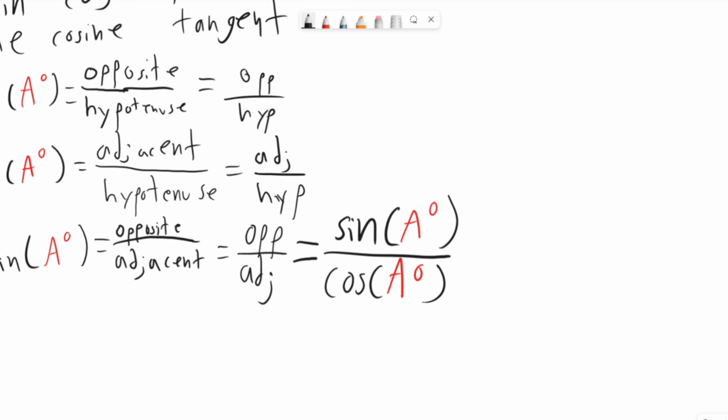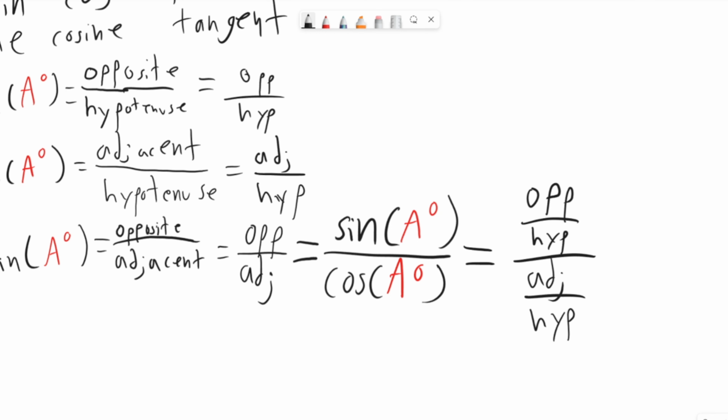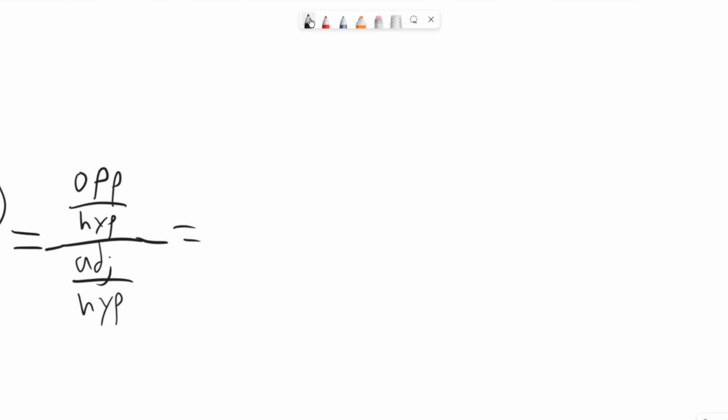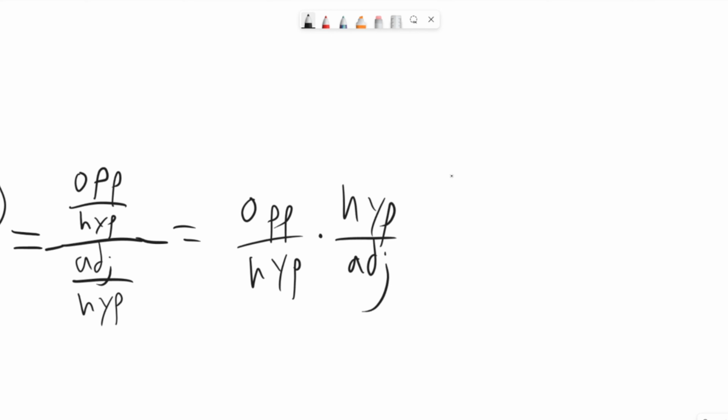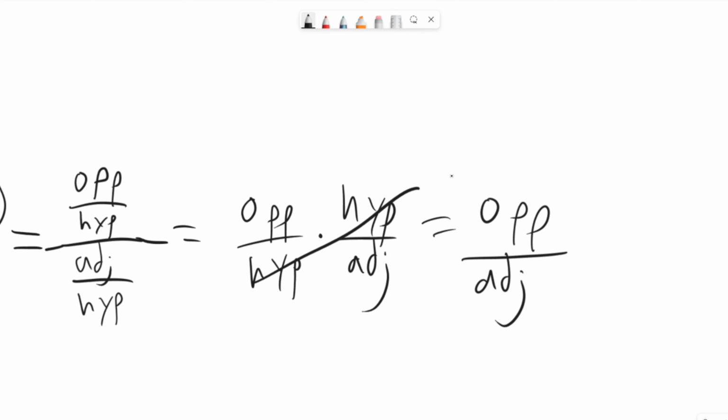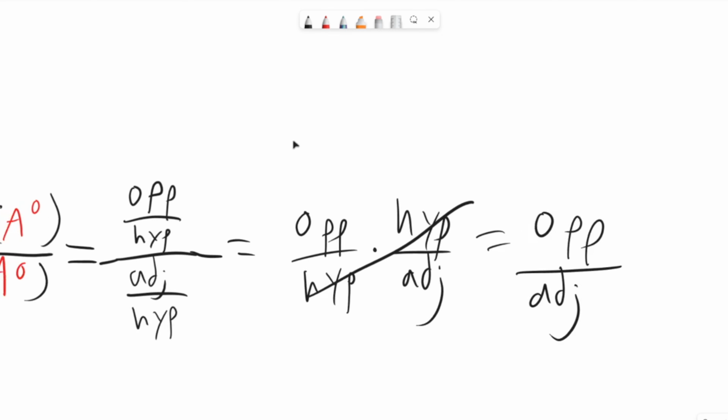And this can be shown because we have opposite over hypotenuse, and then we have adjacent over hypotenuse as this big compound fraction. And when dividing two fractions, we keep the top one the same, multiply, and then flip the bottom one. And so these cancel out, leaving us with tangent.